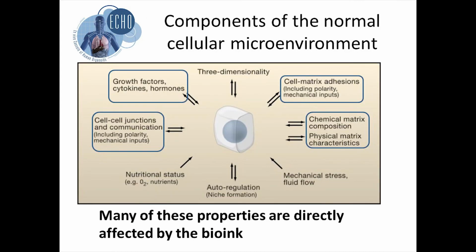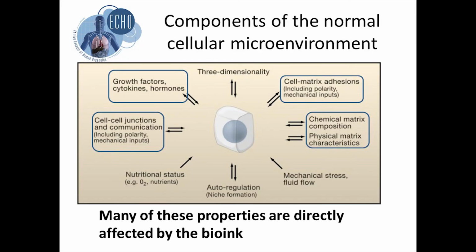We've known for a long time that traditional 2D cell culture fails to recapitulate a lot of the normal components of the cellular microenvironment. In our tissue organoid design strategy and in the supportive hydrogel matrix, or the bioink, that they're embedded in, we've tried to capture as many of these missing components as possible, and that's given us the long-term viability and function that we've seen in our system.